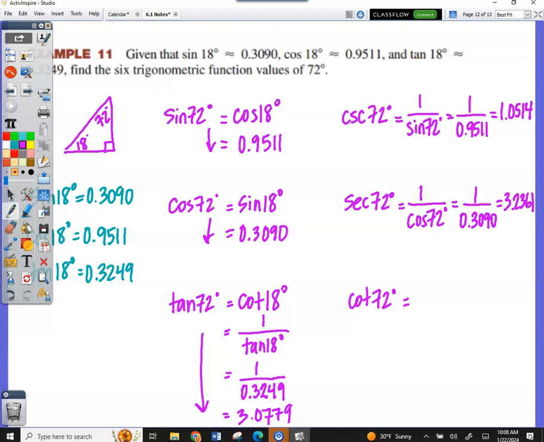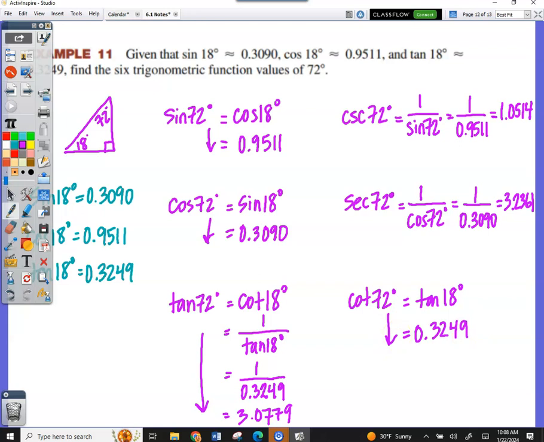Now you don't have as much work to do on the next one, so don't overthink it. The cotan of one angle will equal the tan of the other. So this will equal the tan of 18. Do I know tan 18? Yeah, they gave it to me. So we have less work on that one.